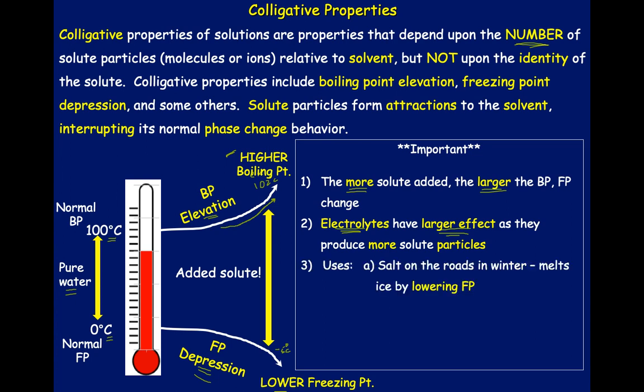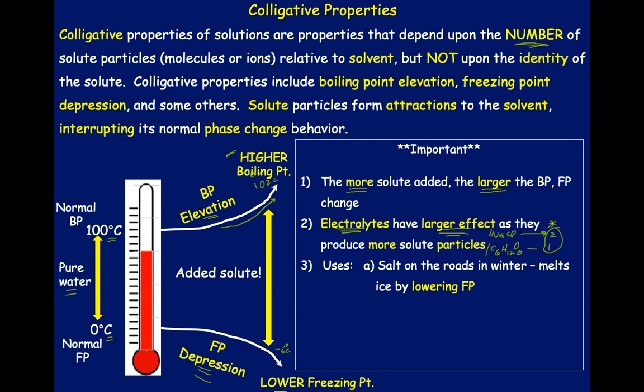For example, sodium chloride would break up into 2 particles, whereas glucose, C6H12O6, is only going to break up into 1 particle. So if you had 1 mole of this, you'd get 2 ions, and 1 mole of this, you'd get 1 particle. Again, the number of particles is what we want to pay attention to.